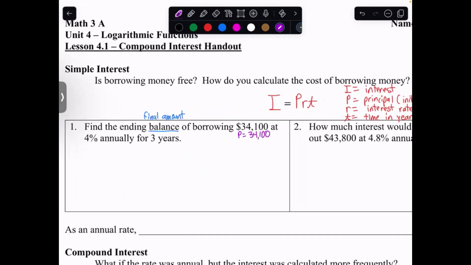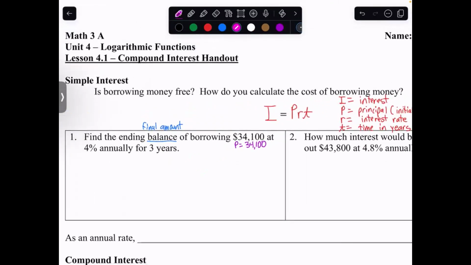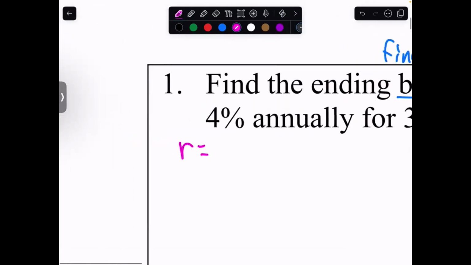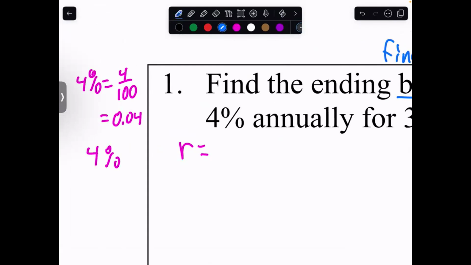And then the next thing they tell us is 4%. So the percentage is your interest rate. Now we do want to convert the percent form to decimal form. Remember, percent means per 100. So 4% is 4 out of 100, which is, sorry, that's not right, 0.04. There is a little shortcut to convert percent to decimal.